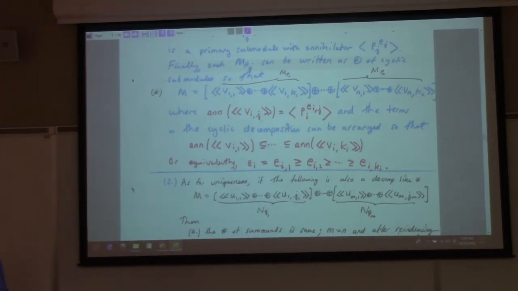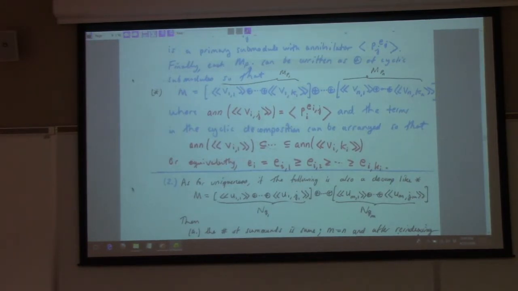Which is the first thing, the greatest, actually. So the highest power of the prime annihilates the first thing, down to this being the lowest power of the prime annihilating the last thing in this chain, the way it's set up.